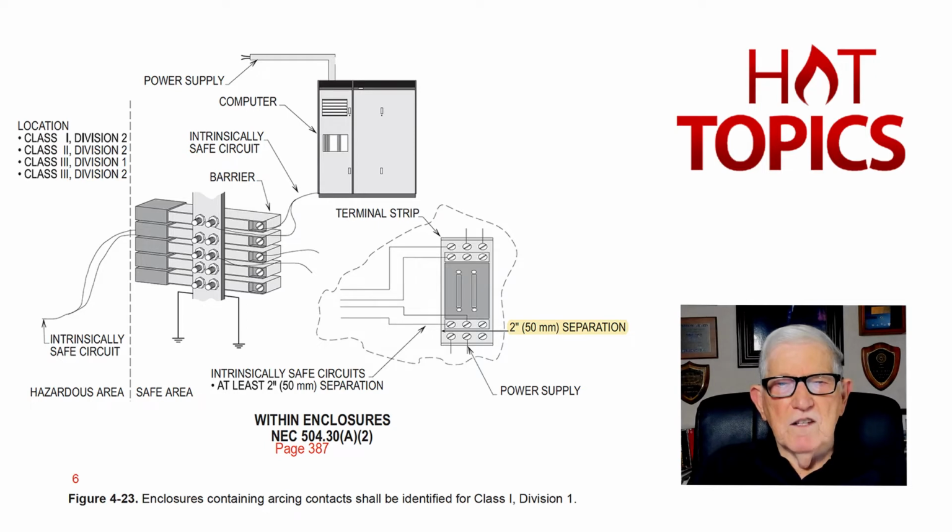But there is a separation required, as you see here, right above the caption: within enclosures, intrinsically safe circuits need at least a 2-inch separation when you enter into enclosures.